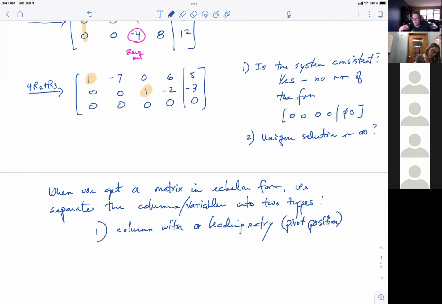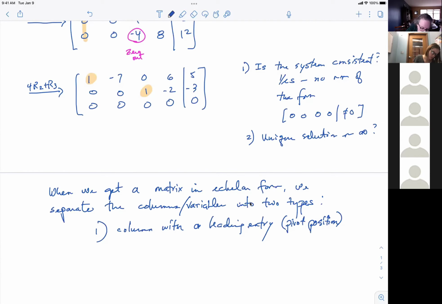It's a little bit wordy here, but basically when your book talks about a leading entry, it's talking about the actual number, like in this case, both our leading entries are ones. When it talks about pivot positions, it's actually talking about the position in the matrix, not the actual value, but the position.